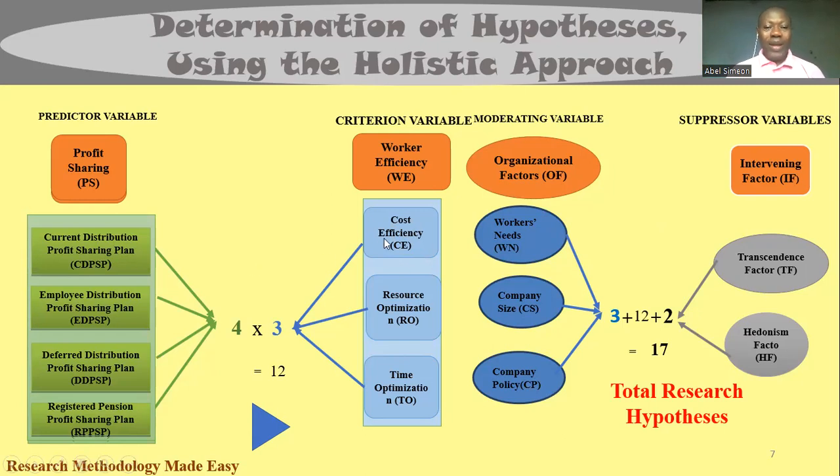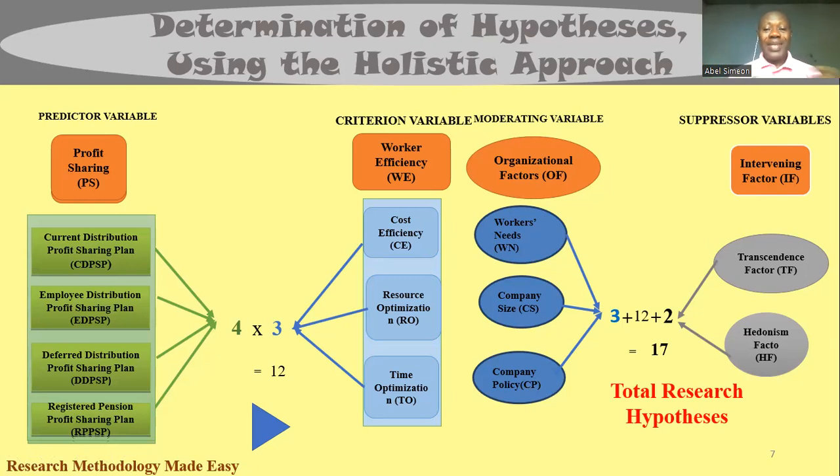So 1 times 1 is 1, plus 1 is 2, plus 1 is 3. That is 1 dimension times 1 measure is 1, plus 1 moderating variable is 2, plus 1 suppressor variable is 3. So that is my total number of research hypotheses if I want it to be 3.